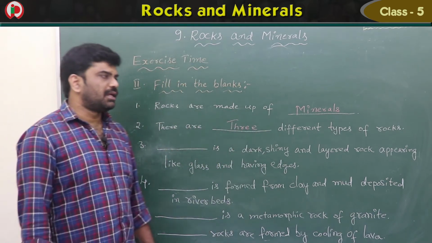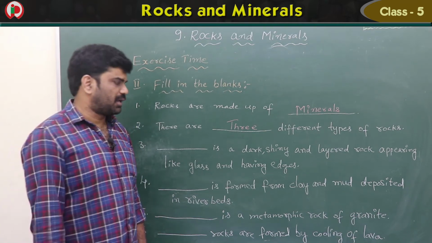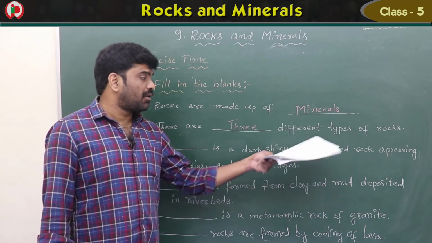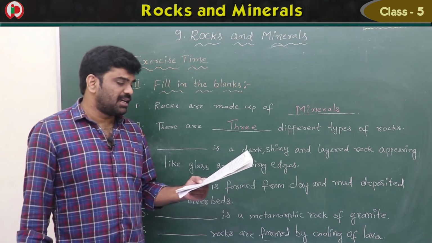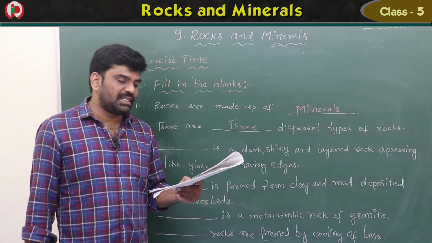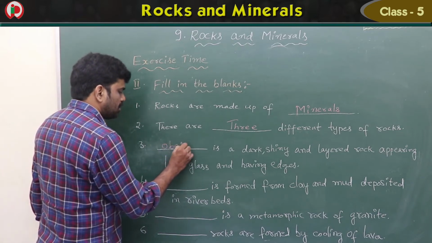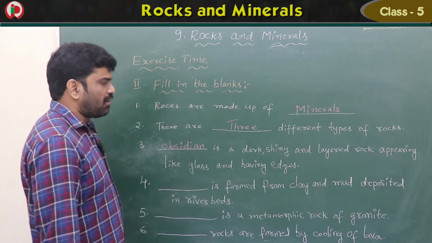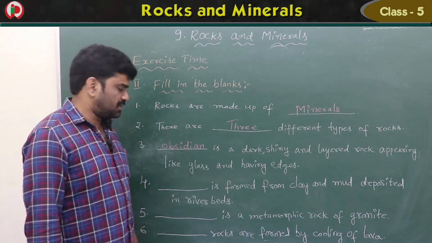What are the 3 different types of rocks? Igneous, sedimentary and metamorphic. Third one, dash is a dark, shiny and layered rock appearing like glass and having edges. Which one, children? Obsidian. So obsidian is a dark, shiny and layered rock appearing like glass and having edges.